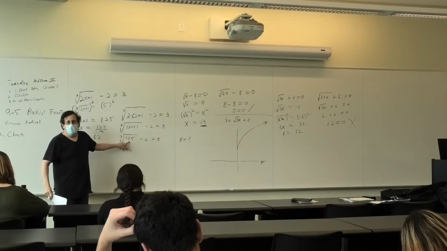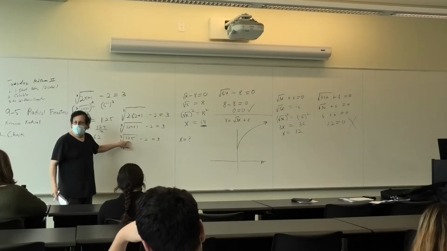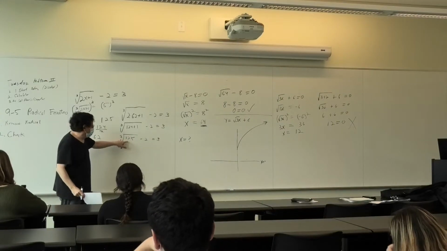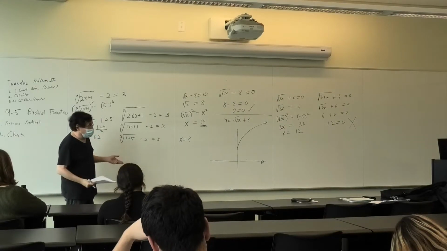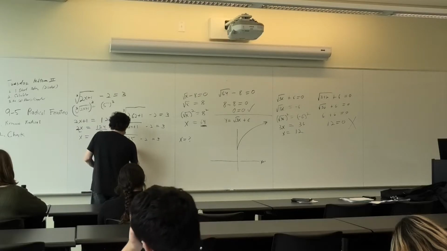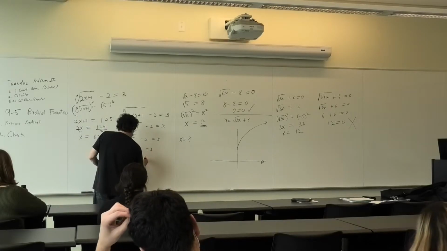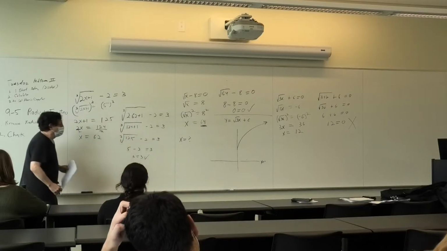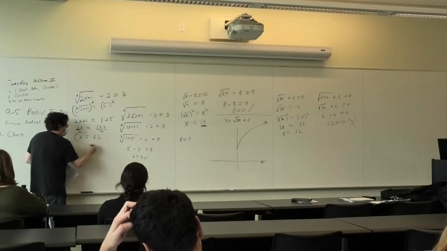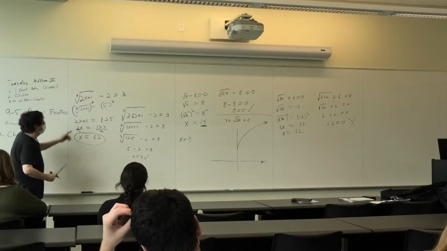And this is the point where knowing that 5 cubed is 125 comes in handy, because now I know I can do it without the calculator. This is just 5 minus 2 equals 3. 3 equals 3. Check. So that tells me this is a valid solution to this equation.